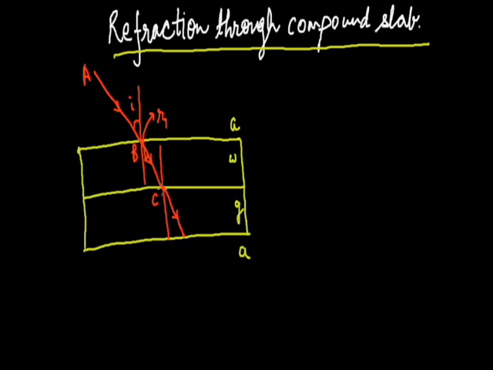Now we know that this angle was R1, and by the geometry we can see that this angle should also be equal to R1, because the normals, say N1 and N2, are parallel, since these surfaces are parallel to each other.